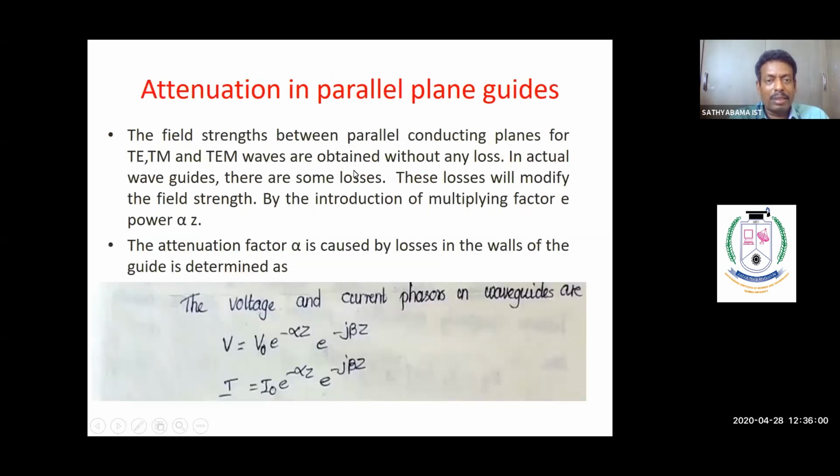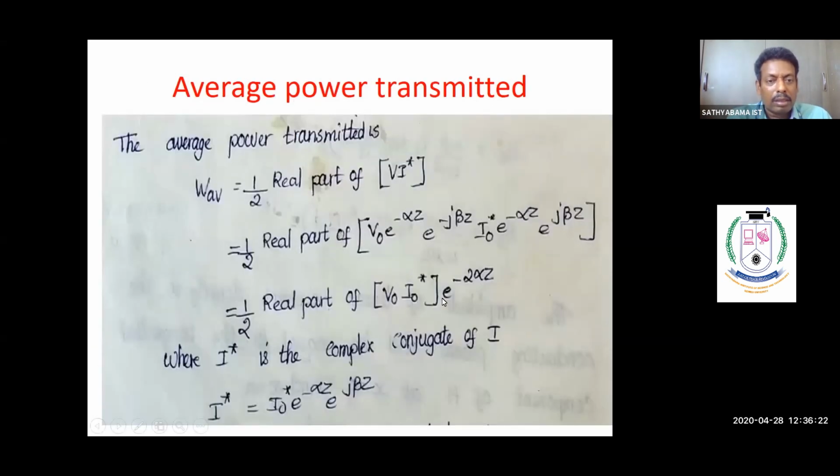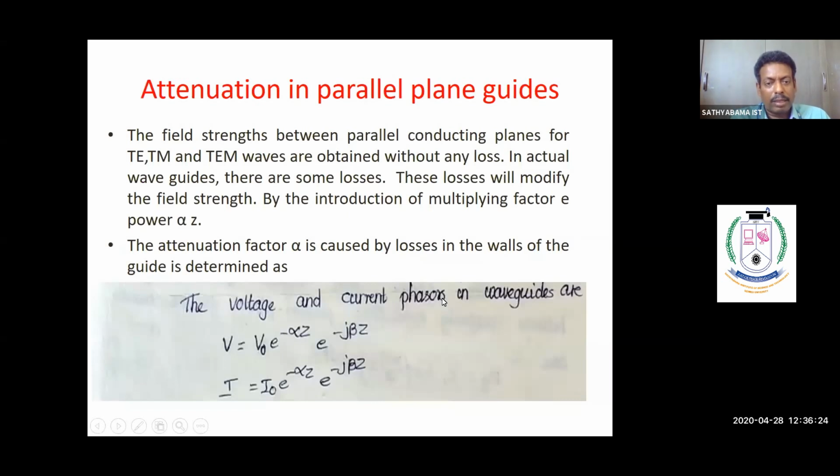So now we'll derive the attenuation in a parallel plane guide. Okay. So the attenuation factor, first we'll do it for the conductor. Conductor it's easy because we can use the voltage and current relation equations here.